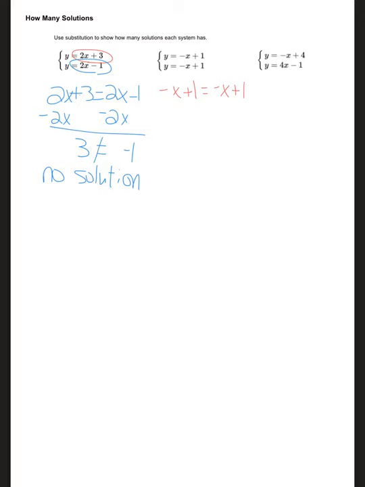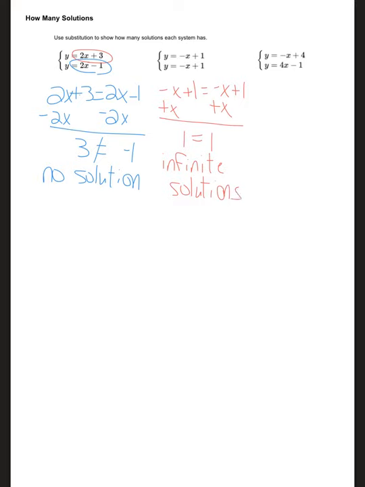Well, I see a minus x and a minus x, so I'm going to add x to both sides. And I'm going to get 1 equals 1. How often does 1 equal 1? Always. So this is always true. So there's an infinite number of solutions. Infinite solutions. Because it's the same line.